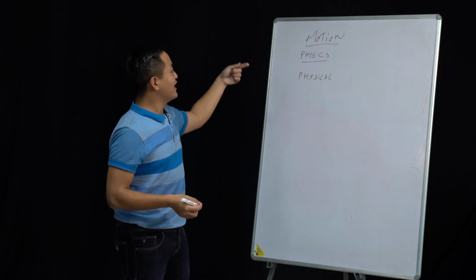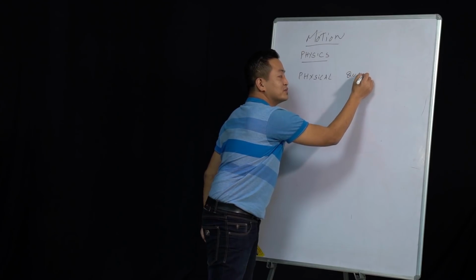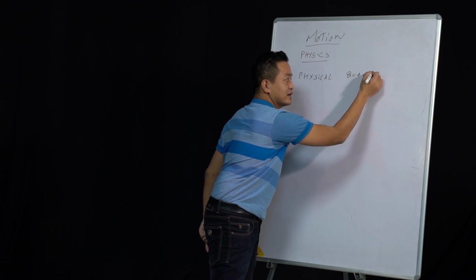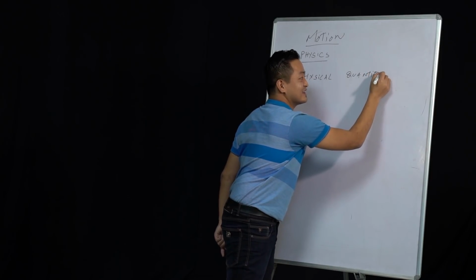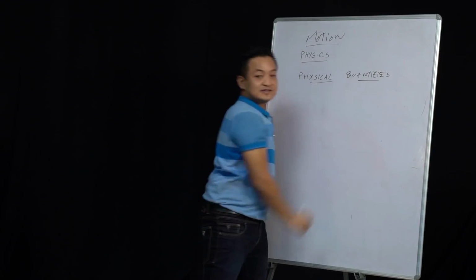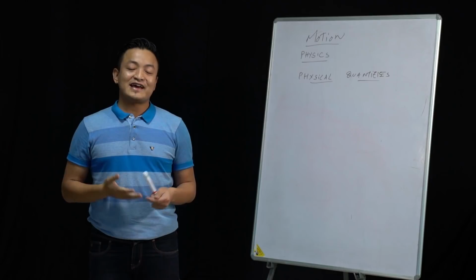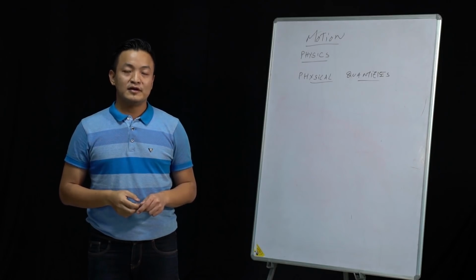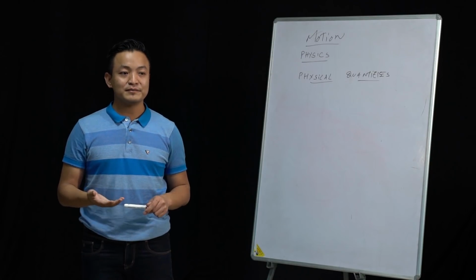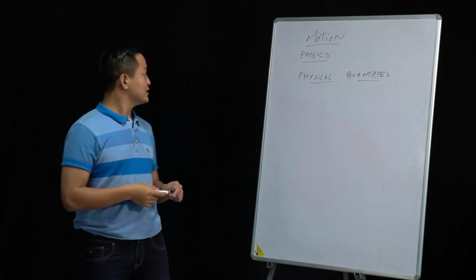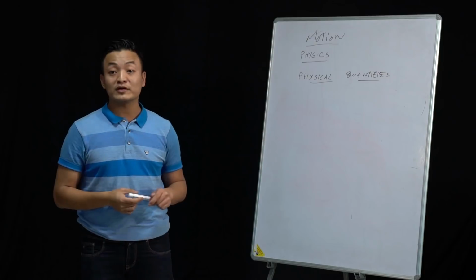The reason is that everything we are going to discuss now will be used throughout this physics portion. Clear? Physical quantities are anything which we can measure, like distance, like length, like time. Everything that we can measure comes under physical quantities.